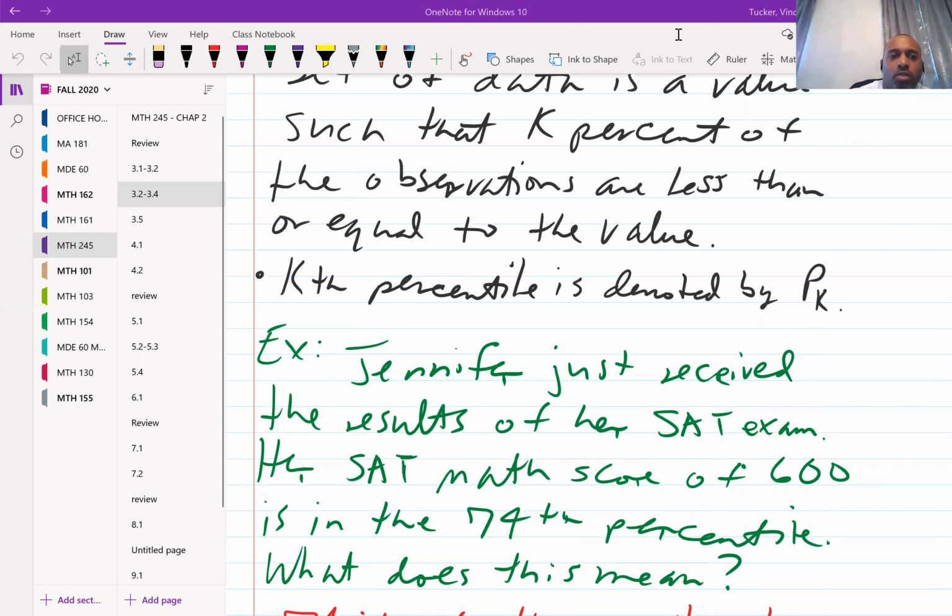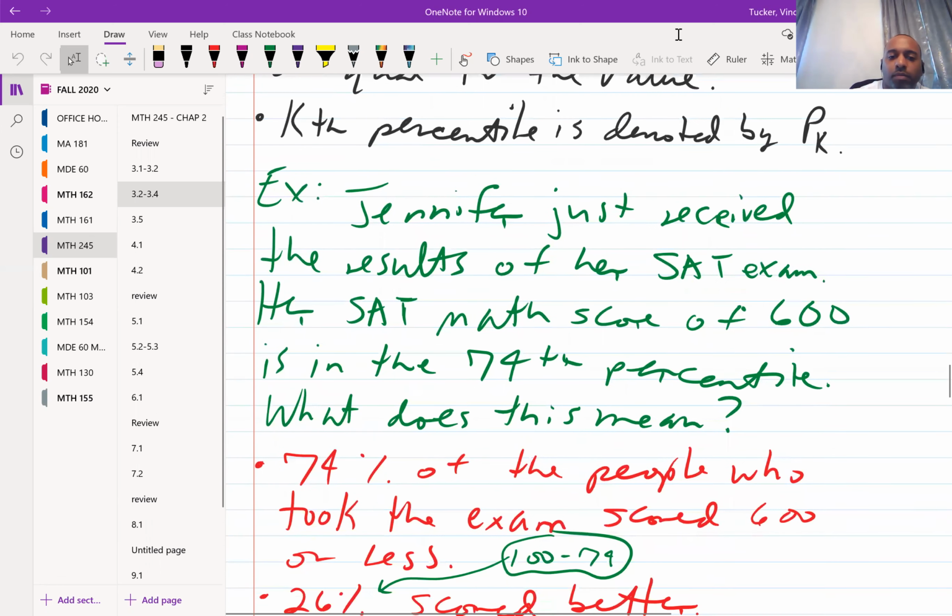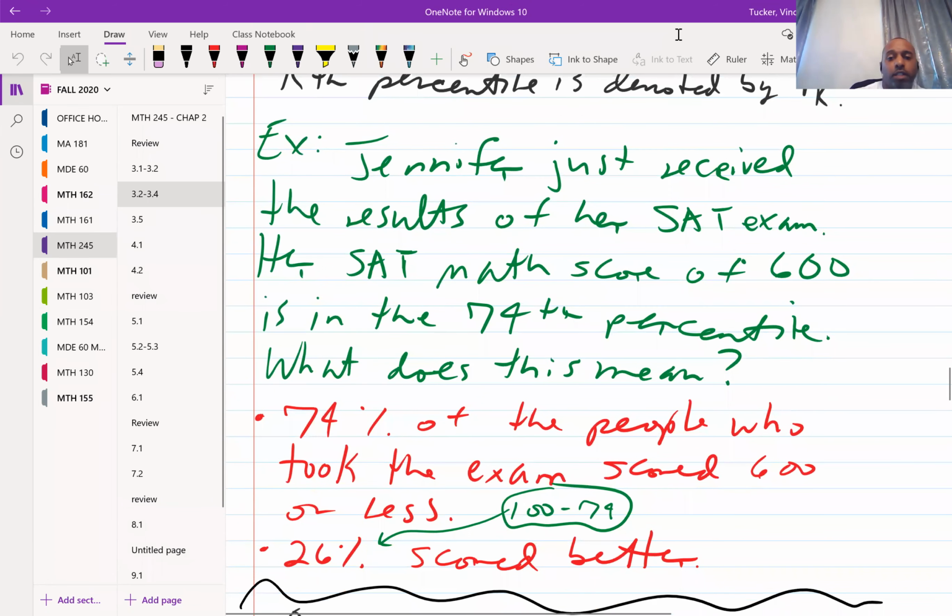All right, so this means that 74% of the people who took the exam scored 600 or less. Remember, that's what the percentile means. It represents those who scored less than or equal to the value. So 74% of the people who took the exam scored 600 or less, and then 26% scored better. We get the 26 from 100 minus the 74.